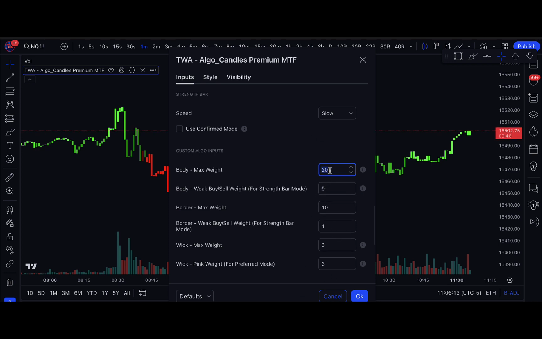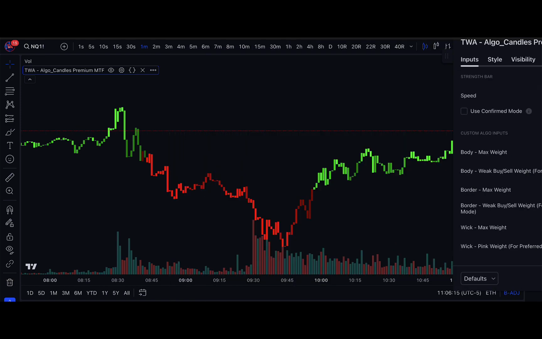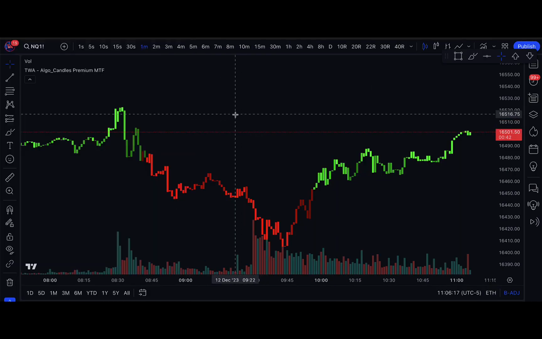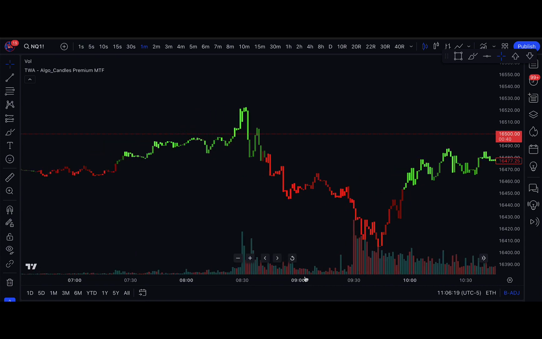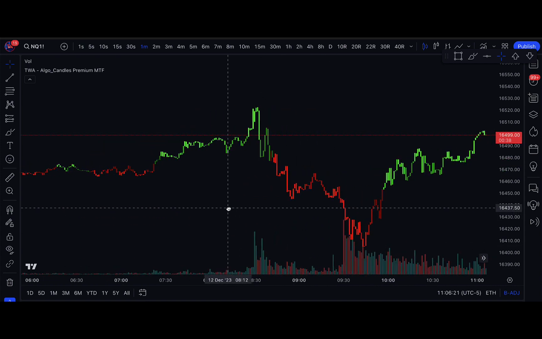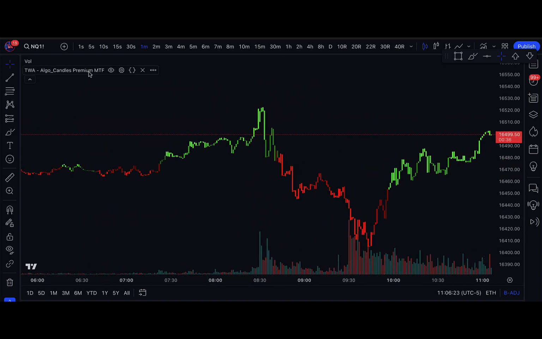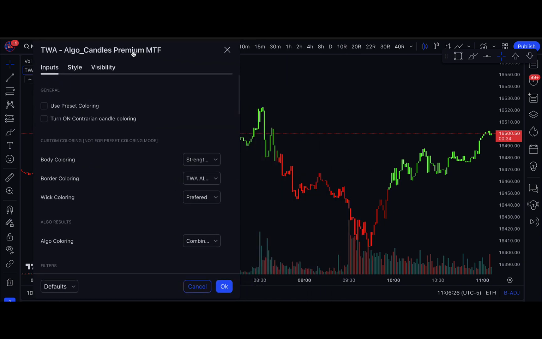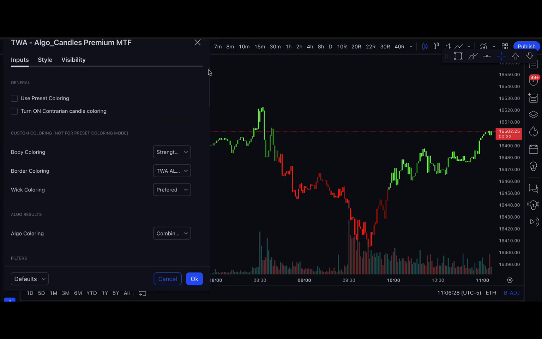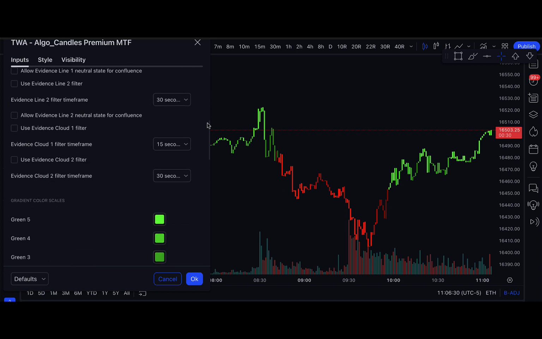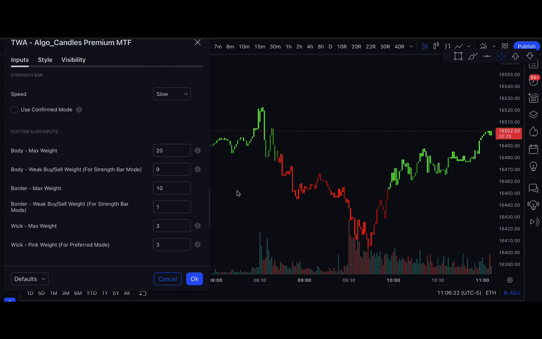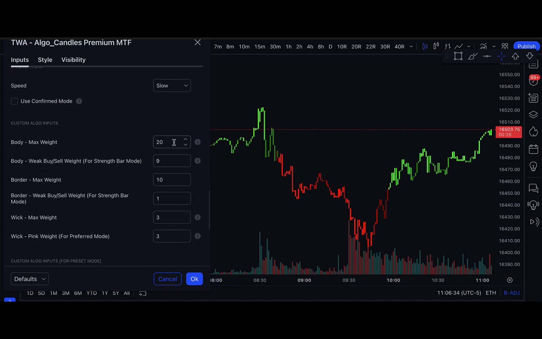So let's go ahead and change the weights around so we can see. Let me zoom out. All right, so we'll do it like that. I think I have Horatio's setting memorized. If not, I know I have my settings memorized, but let me see here. I'll just do my settings because I know it's 100% memorized.